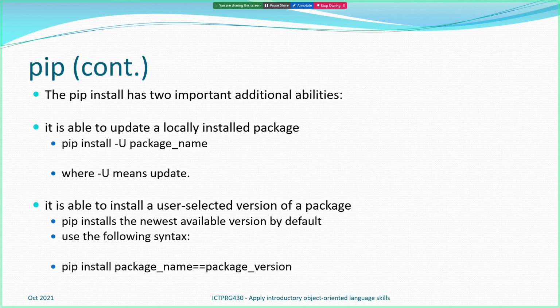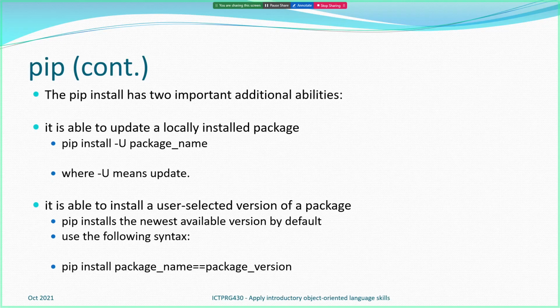Okay, so things to remember. Pip can install and update packages. So to execute an update on an already installed package, we use the -u in the command structure. So pip install, and then the package name will be an install function.